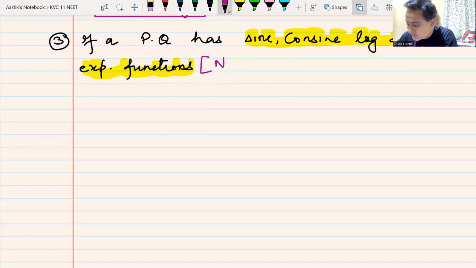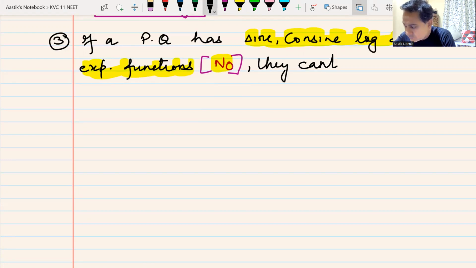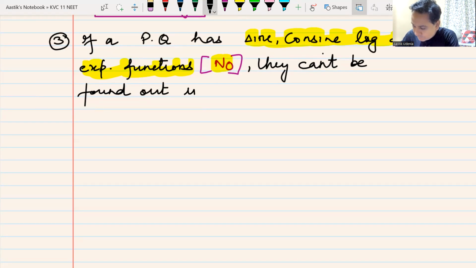Do we understand this better? They are all numbers. Now, if a physical quantity has all these sine, cosine, log, or exponential functions which are numbers, they cannot be determined. They can't be found out using dimensional analysis.